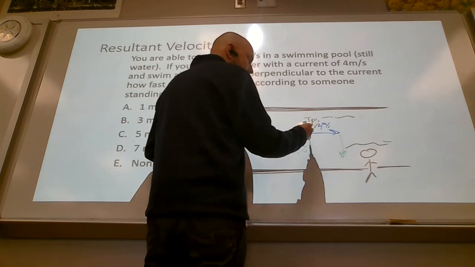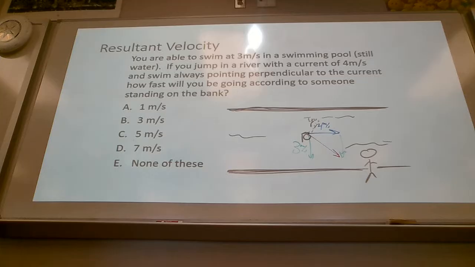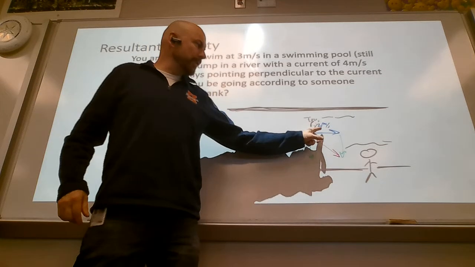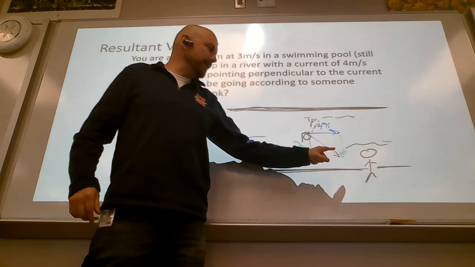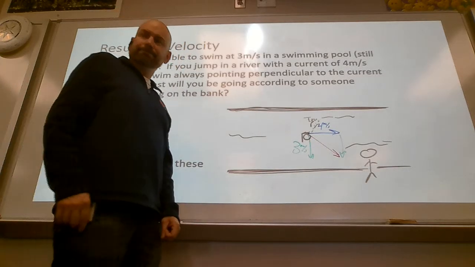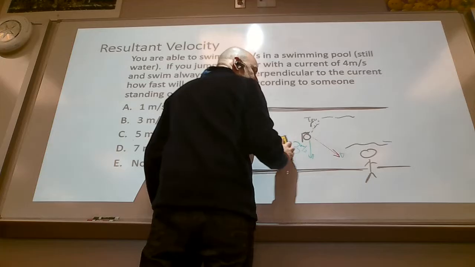Cut and paste. It's a 3, 4, 5 triangle. You're going to do the Pythagorean theorem. This is 3, this is 4, so 16 plus 9 is 25, square root of 25 is 5. 3, 4, 5 triangle.